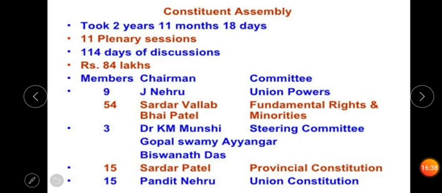Different chairmen were there, that is Jawaharlal Nehru, Sardar Vallabhbhai Patel, K.M. Munshi, Gopalaswami Iyengar, Sardar Patel, Pandit Nehru. The union powers committee had 9 members. Fundamental rights and minorities had 54. So it was the Constituent Assembly's composition in which all things were involved.